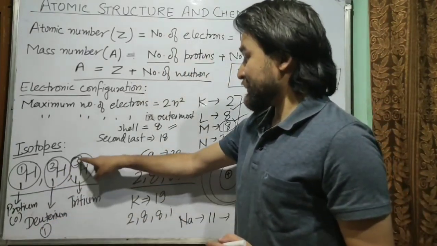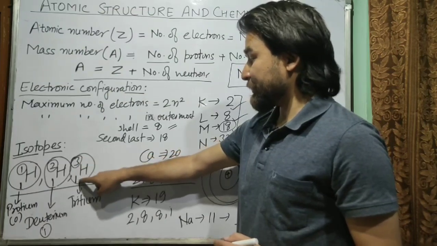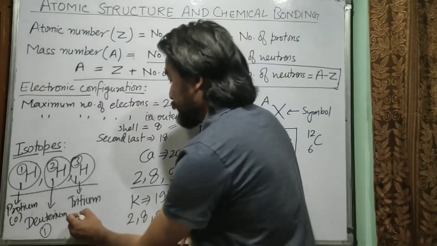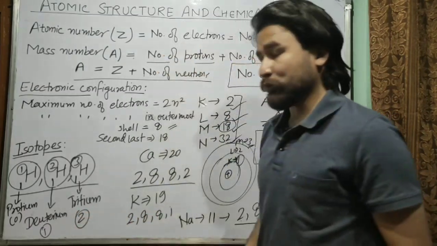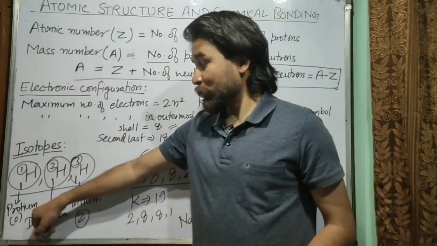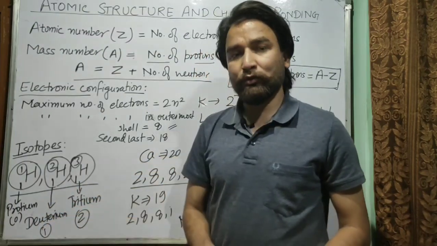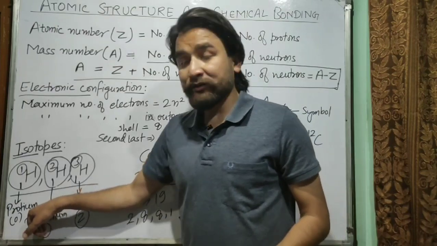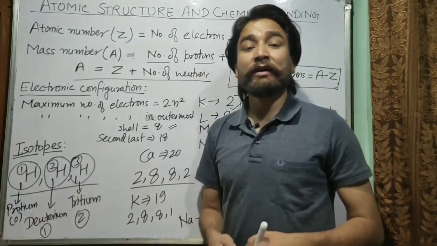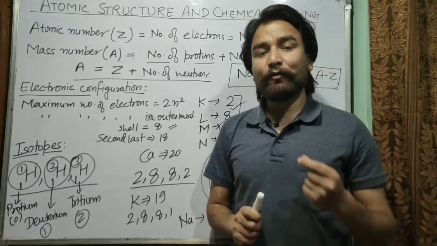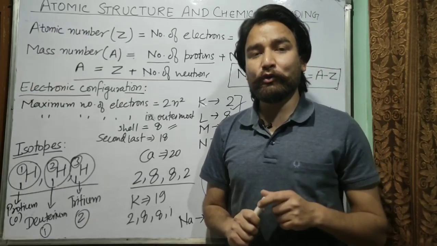While tritium has mass number 3 minus atomic number 1, so 3 minus 1 is 2. So its number of neutrons is 2. So you can see protium has no neutron, deuterium has 1 neutron and tritium has 2 neutrons. Remember, this isotope of hydrogen, protium, is the only atom which has no neutron.